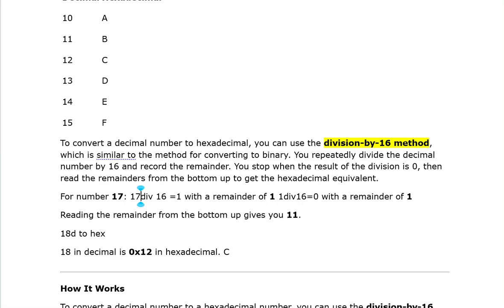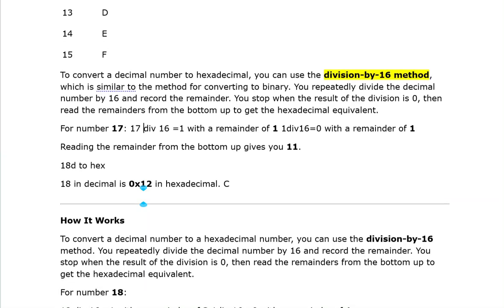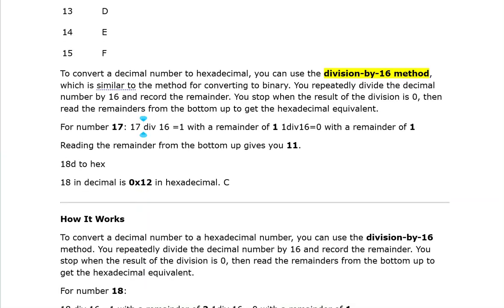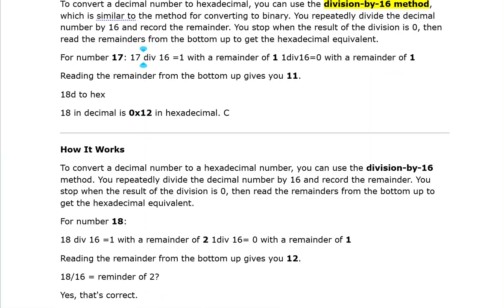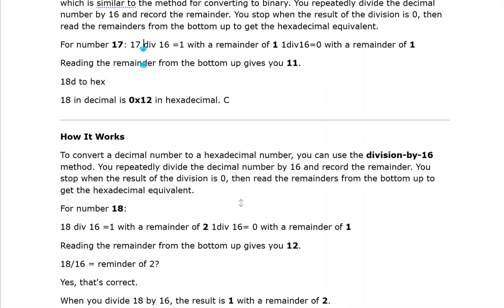So for number 17, we'll go through the sequence. Okay, so let's take this number 18 and go through it a little bit more in detail here. Sometimes students kind of get this a little bit mixed up, but they finally get it through a few examples, okay?